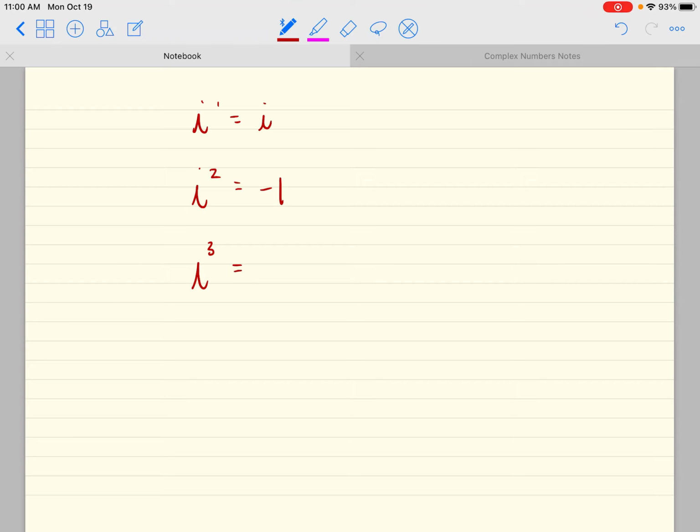Well, we can think about i to the 3rd as separate things, okay? I to the 3rd, for example, I could say is, well, obviously I could say it's i times i times i, right? Which isn't really helpful because that's just i to the 3rd again. But if I lumped these two together, so instead of i times i times i, if I said i squared times i, then I'm in good shape because i squared can get replaced with a negative 1, and then we can leave the i to the 1st in there.